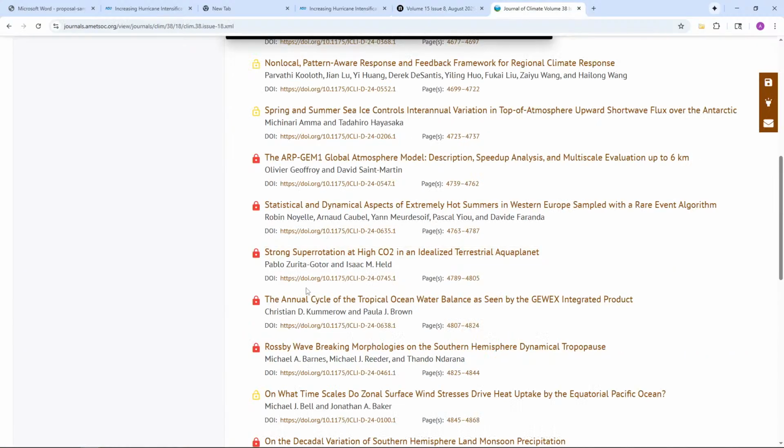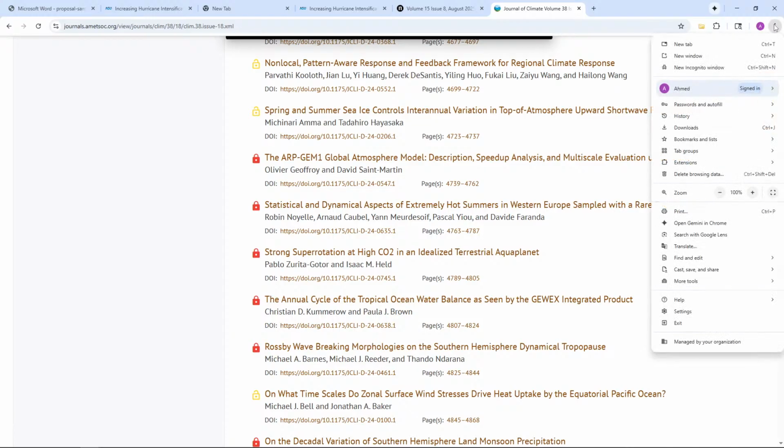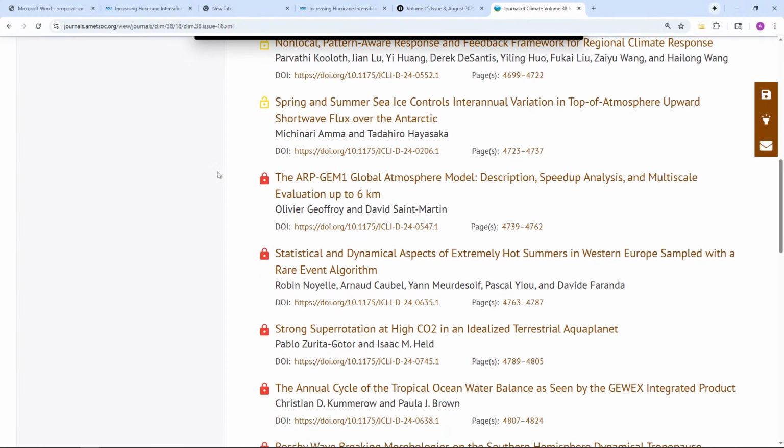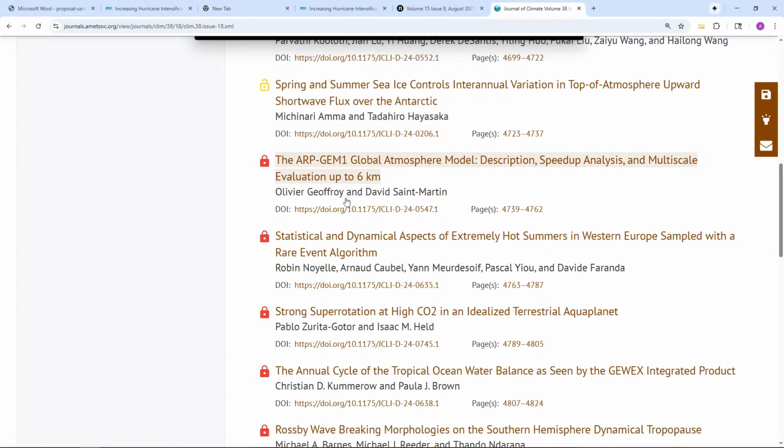Now here you'll see different types of titles. Again, are these bad titles? Not at all, but these titles just suit the scope of this journal. So here: ARPEGE global atmosphere model description, speed up analysis, and multi-scale environment up to 6 kilometers. Not that general as before.